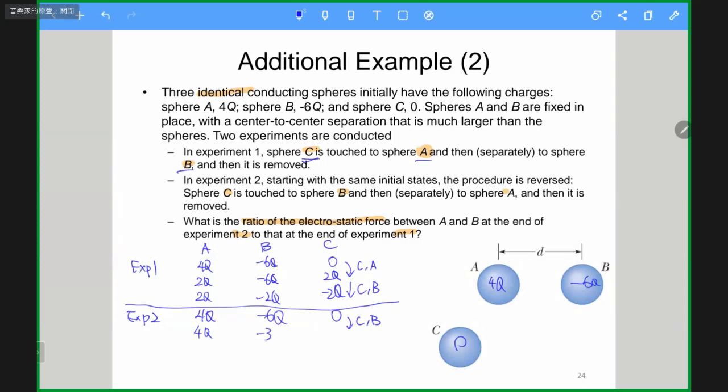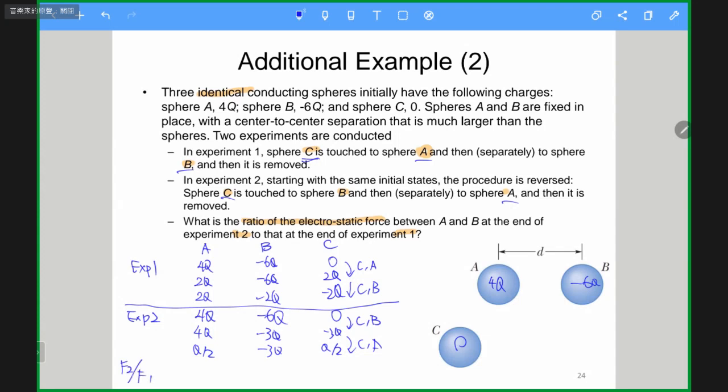So this is negative 3Q, negative 3Q. For the next step, C touches A, so B doesn't change. A and C: 4Q plus negative 3Q is Q, and divided by 2 is Q over 2.